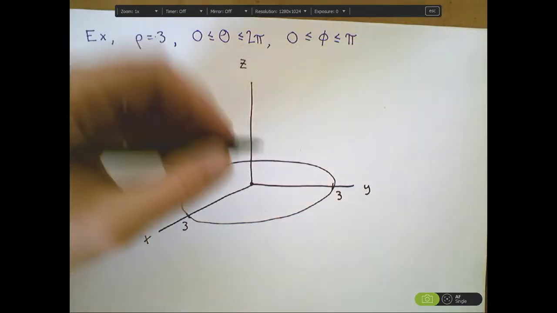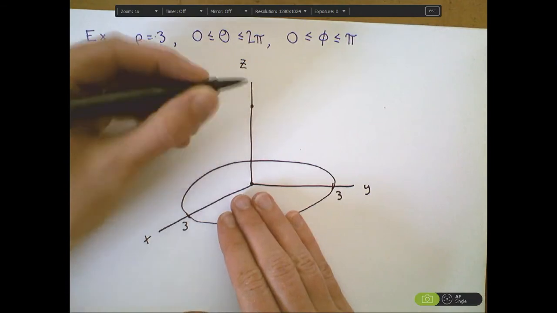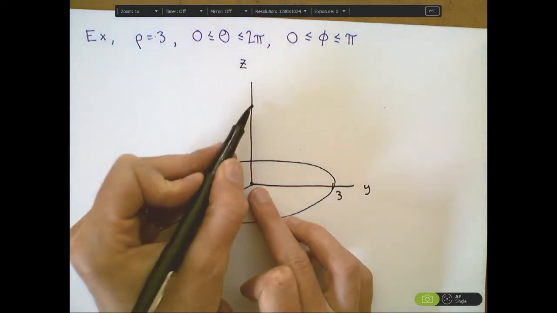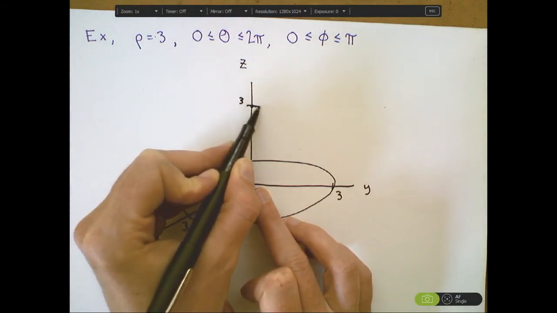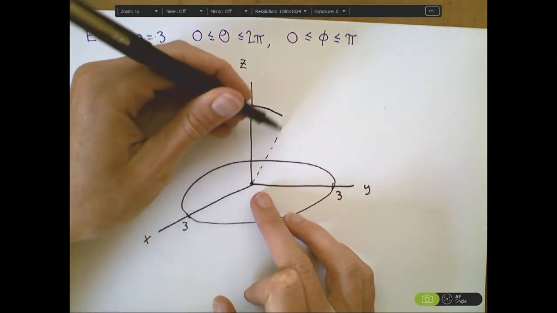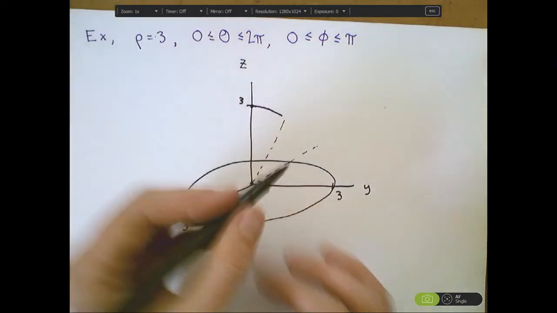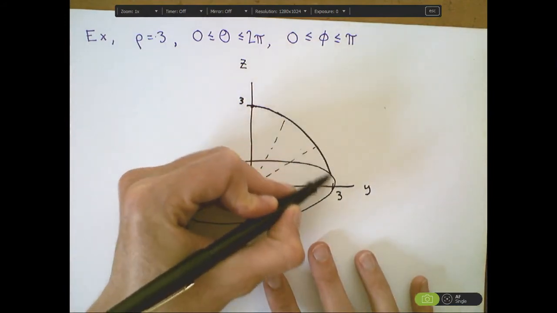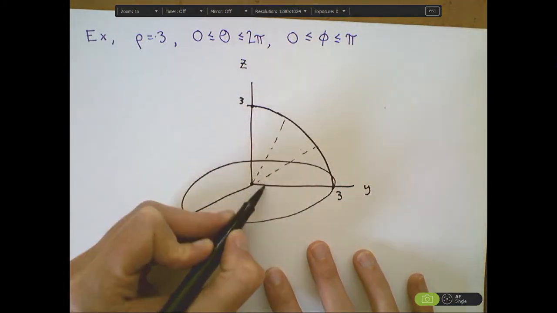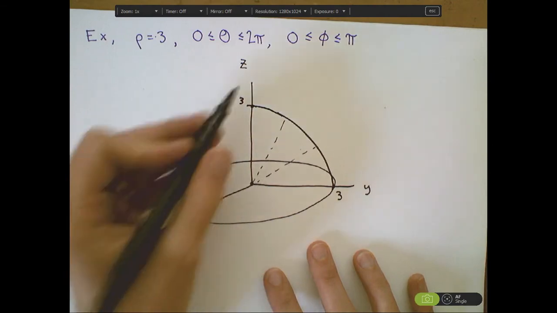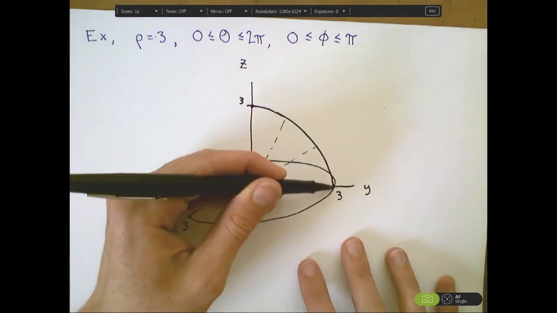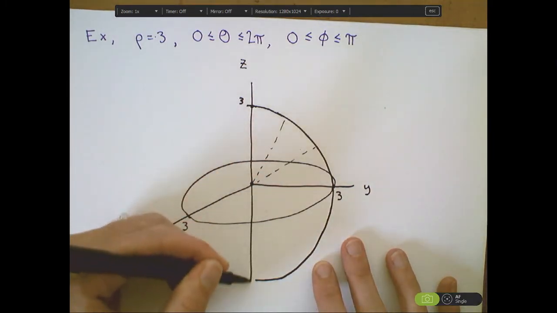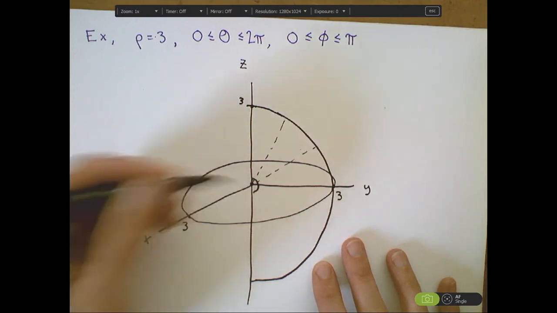The phi angle of 0 is when a point is making an angle of 0 with the z-axis, and as phi increases, that's swinging outwards at increasing angles. And phi is only going to swing out until we get to pi. So this is pi over 2 because I'm making a 90-degree angle with the z-axis. And I'm going to swing all the way down until I'm making an angle of pi with the positive z-axis.